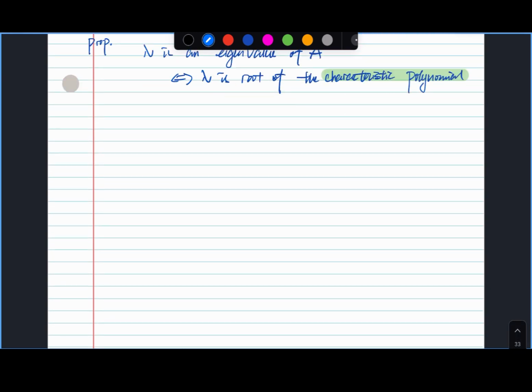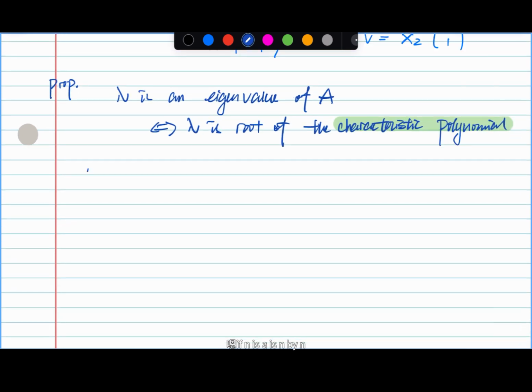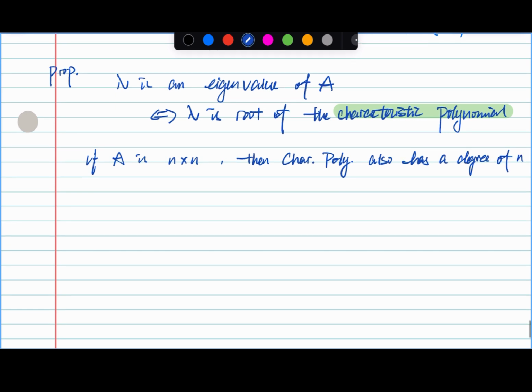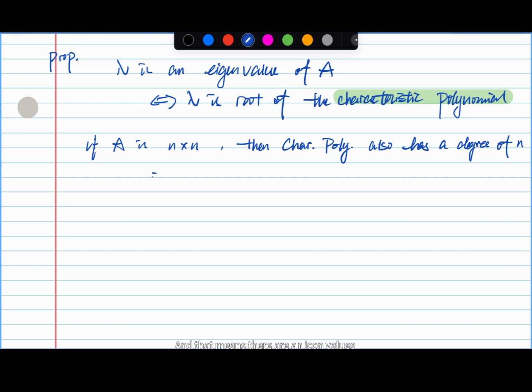So then we say if A is n by n, then the characteristic polynomial also has degree n. And that means there are n eigenvalues.